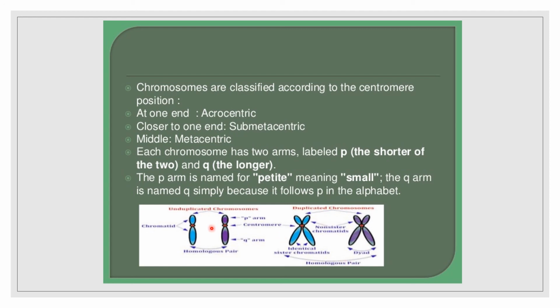These are the P arm, this is the Q arm, and the middle one which connects the chromatids is nothing but the centromere. Now the next lecture will be based on the different types, acrocentric, submetacentric, all those types of chromosome based on the position of the centromere. Thank you.